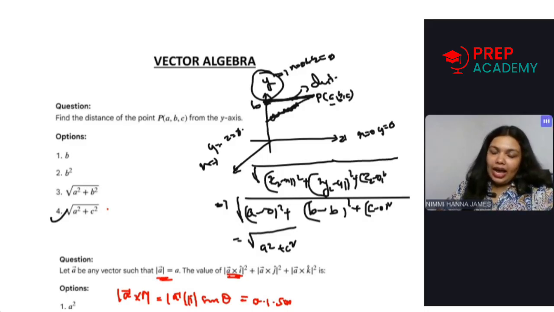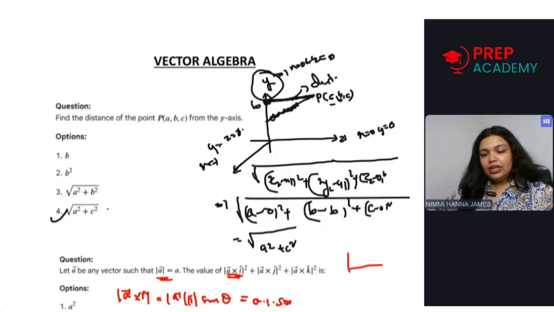So the angle between a and the x axis is alpha. The angle between the line and the x axis is alpha, the angle between the line and the y axis is beta, the angle between the line and the z axis is gamma. So here it is sine alpha.